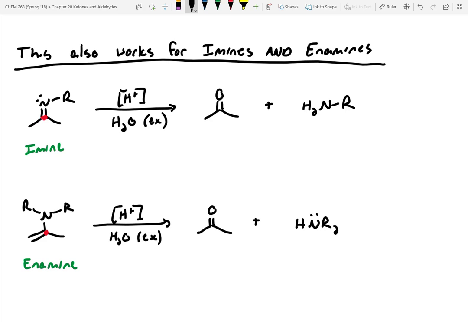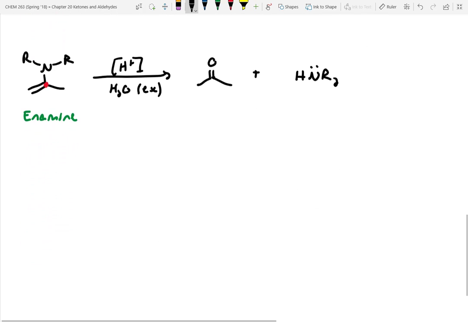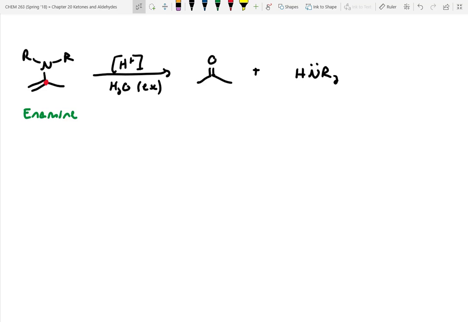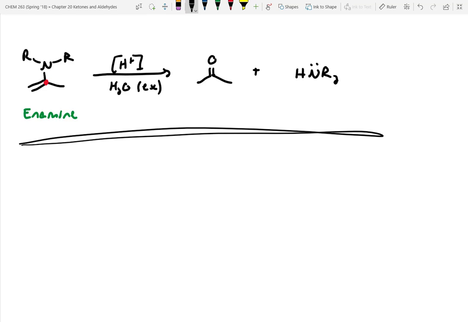All right, what I want us to do, just for more practice, with the remaining time, is try to draw the mechanism for this overall transformation. So I'll give you guys some time to do that. We're going to hold off on sulfur nucleophiles until next week. I just wanted to get more practice in.